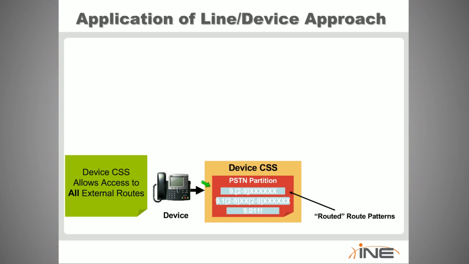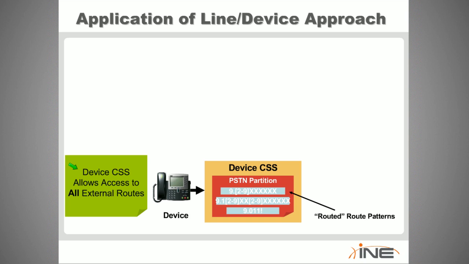So regardless of whether we have one site, 100 sites, or 1,000 sites, we're going to have one calling search space, I'm sorry, it is still going to be based on site. So got a little ahead of myself there. So per geographic area, we're going to have one CSS.